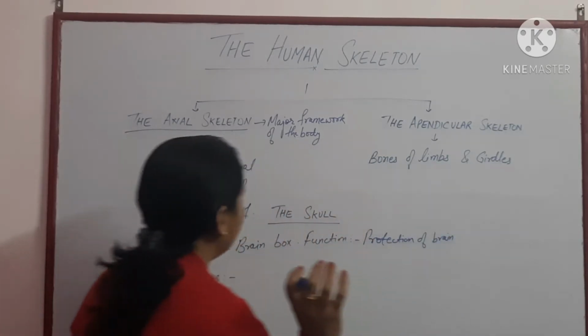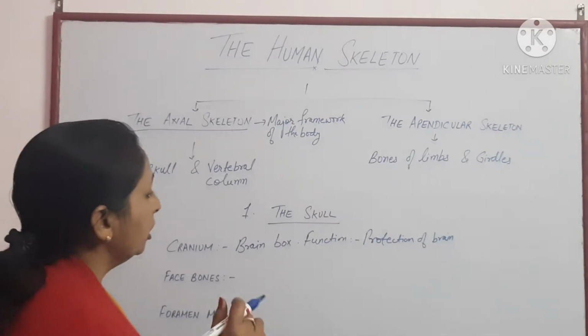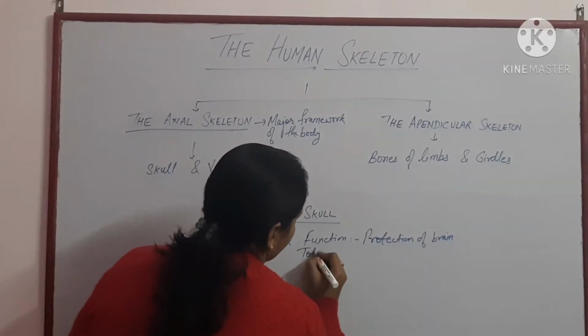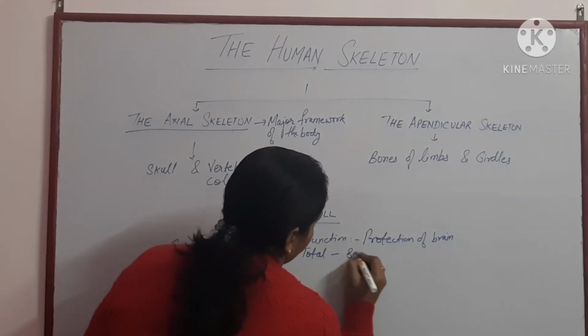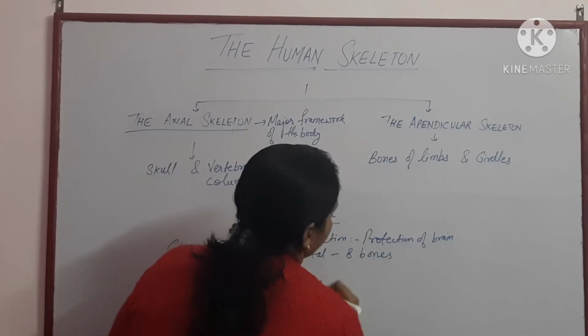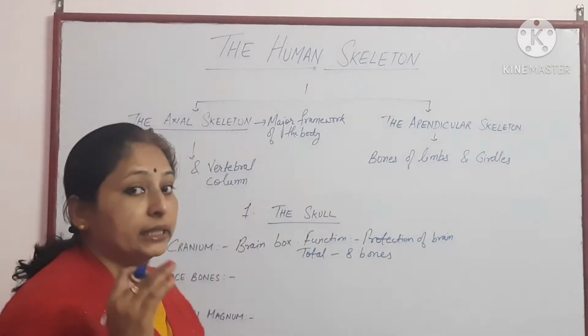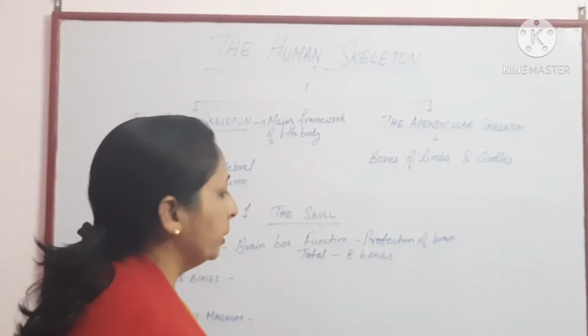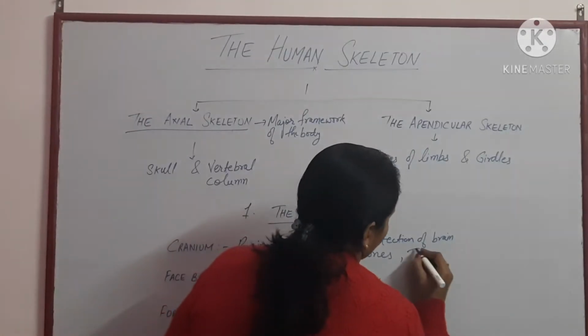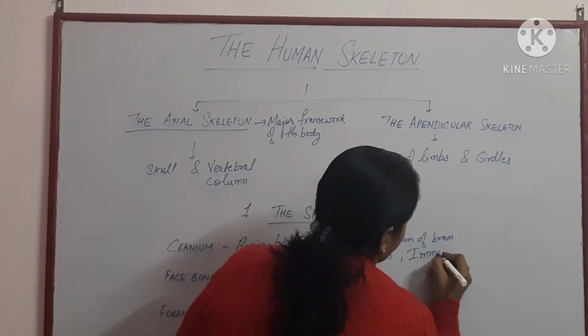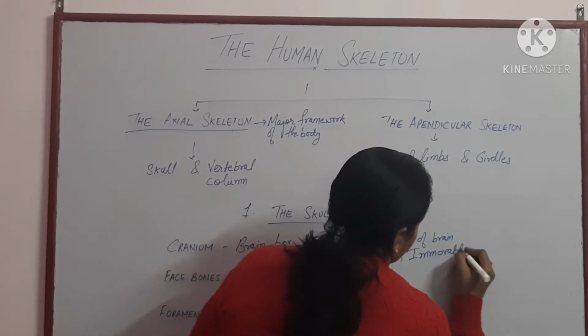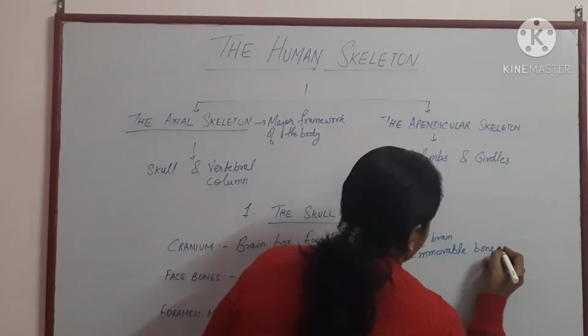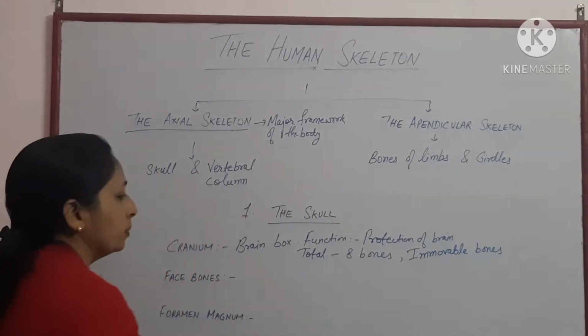Then how many bones are present in the cranium? Total 8 bones are present in the cranium, and these bones are tightly packed. They are immovable bones. Next are face bones.